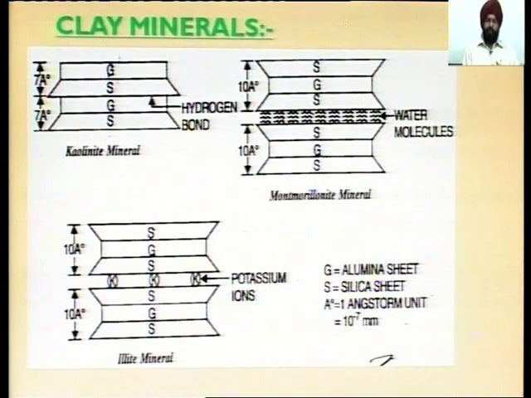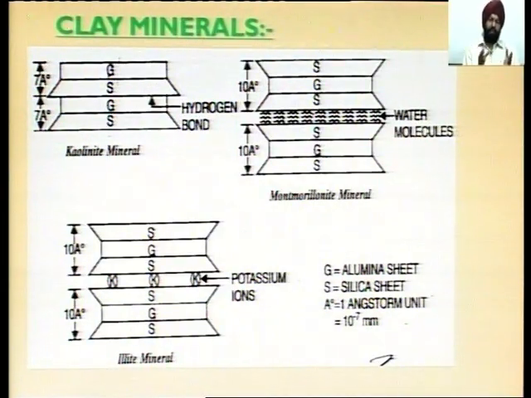Number 3, illite minerals shown in this figure, that is also the same pattern, one segment that contains the silica sheet, alumina, silica, and thickness is the same 10 angstrom, and the other segment is silica, alumina, silica, total thickness 10 angstrom, and these two segments are joined together by potassium ions shown in this figure as K plus.